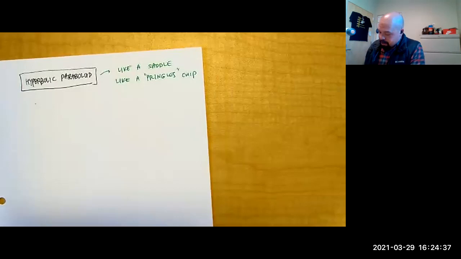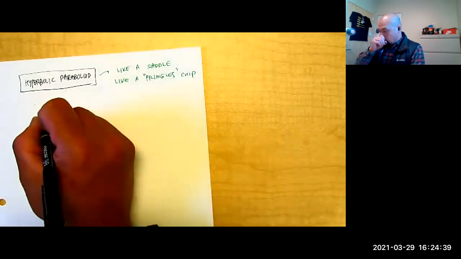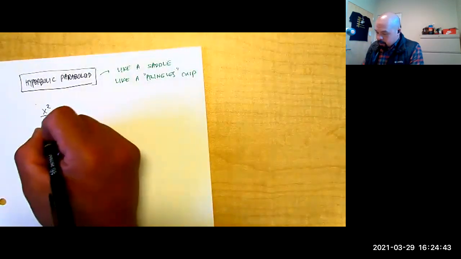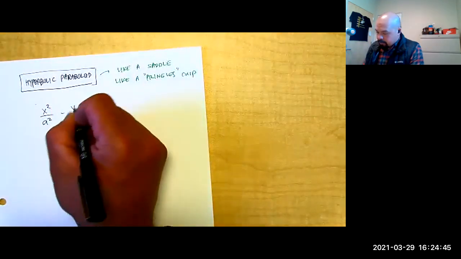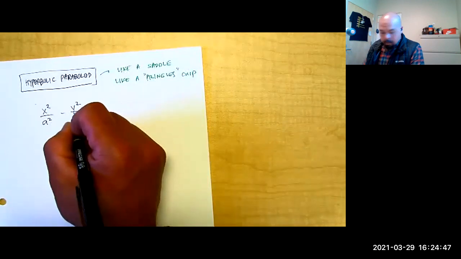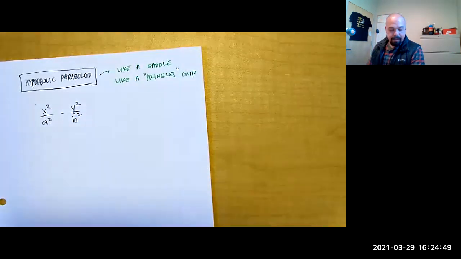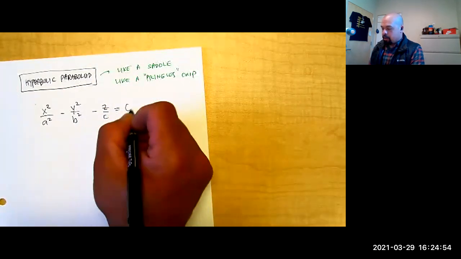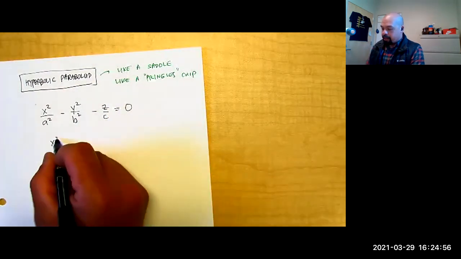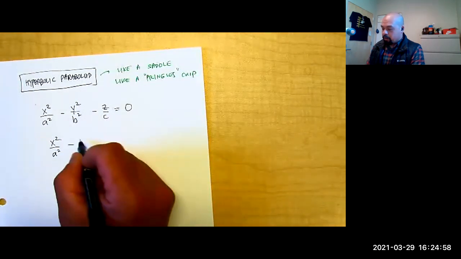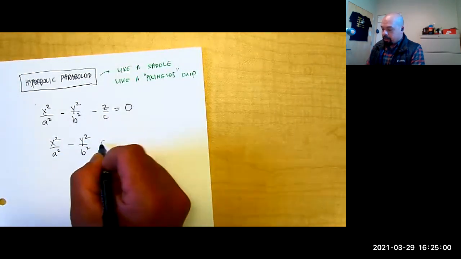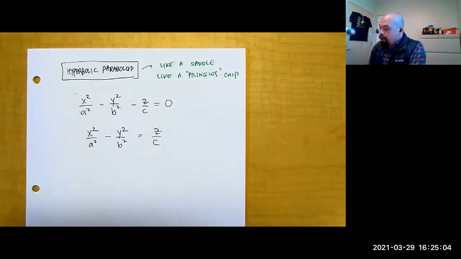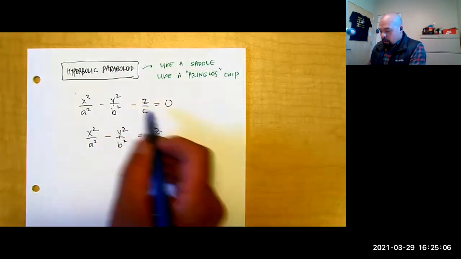So with that said, let's look at our equation. We're going to have here x squared over a squared minus y squared over b squared. I'll make it minus z over c equal to 0. Or likewise, x squared over a squared minus y squared over b squared is equal to z over c. Slide that over, sorry. But with each of these, right, notice what we have.